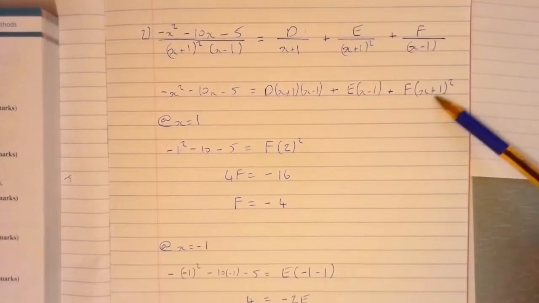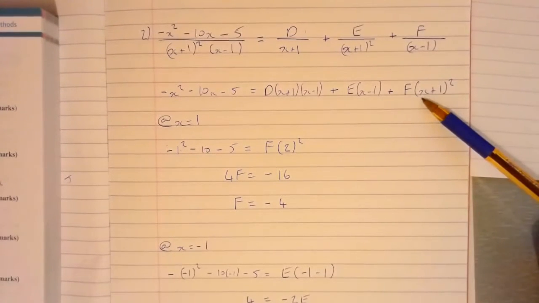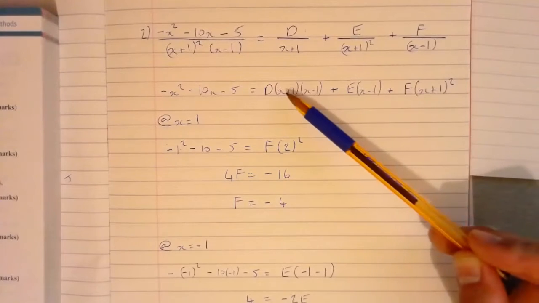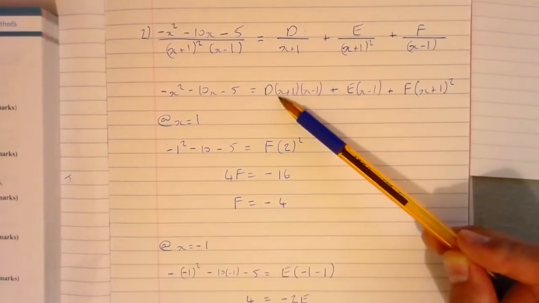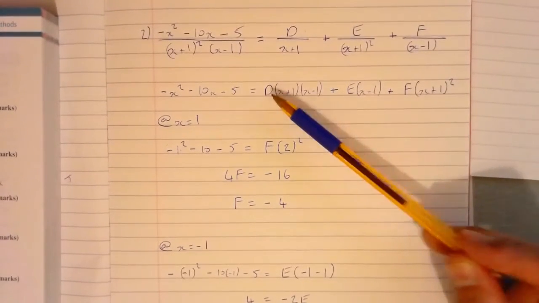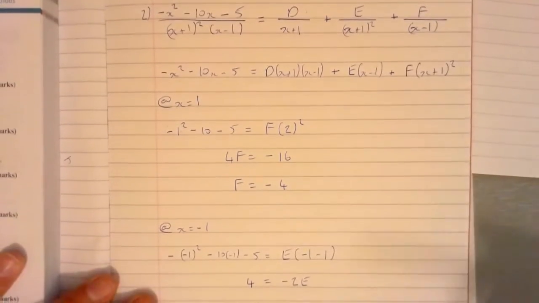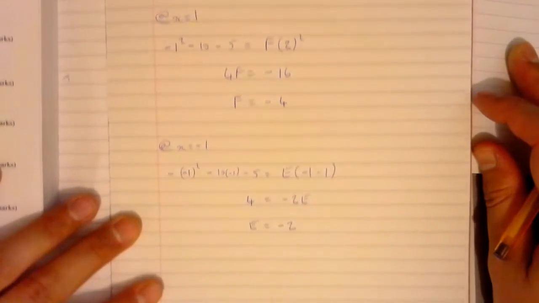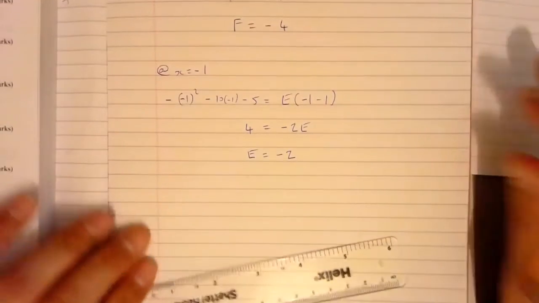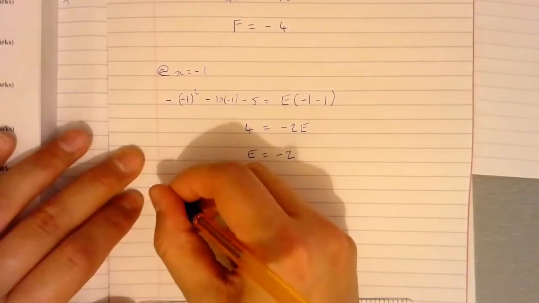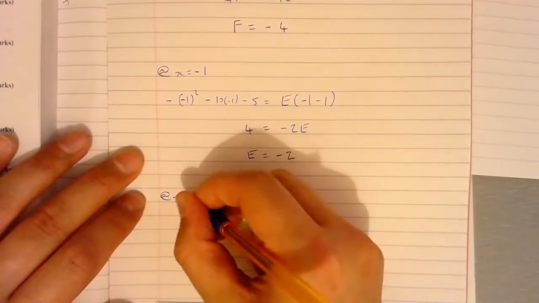We'll know what this is because we know what F is, and we'll know what those bits are because we're picking a value of x. And so the only unknown left will be D. So more often than not in these scenarios, the best thing to do is pick x equals 0 because it makes the calculation easiest.